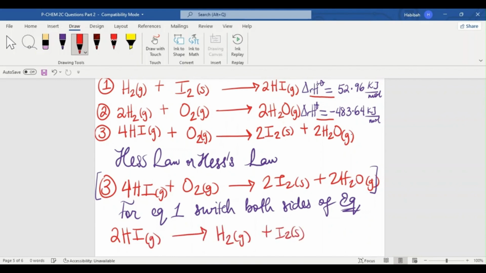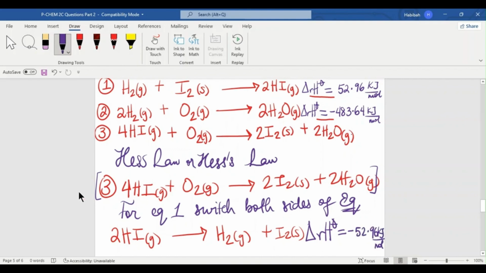Anytime you switch an equation, mathematically it is the same thing as multiplying by -1. So the updated change in enthalpy of reaction is going to be -1 times 52.96 kilojoule per mole. So what we end up with is -52.96 kilojoule per mole. So that is the first manipulation.